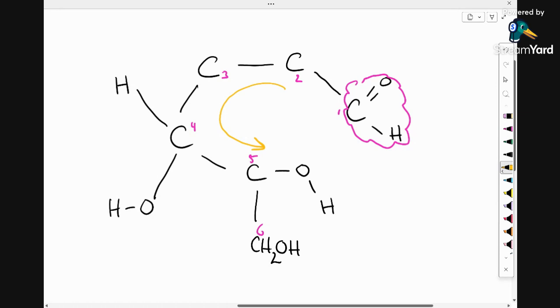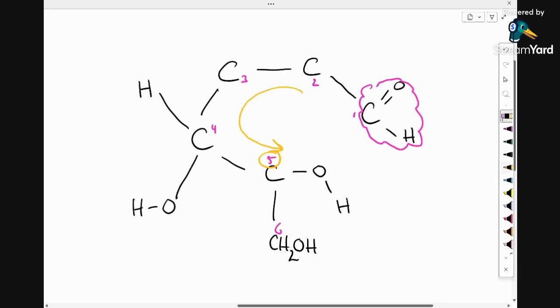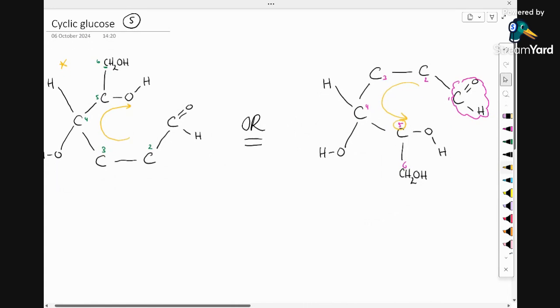So in this case, we're going anti-clockwise rather than clockwise. Again, carbon 5 here is in close proximity to carbon 1. And these two, if I just zoom out now, are equally likely to occur. Okay. And we would expect that 50% of the time the molecule is going to do this, and 50% of the time it's going to do this.